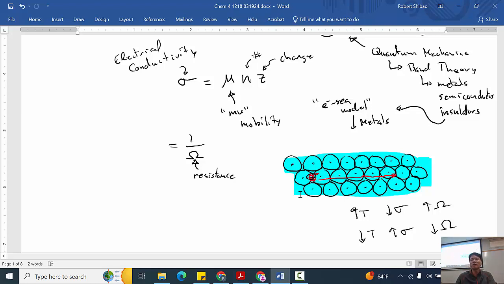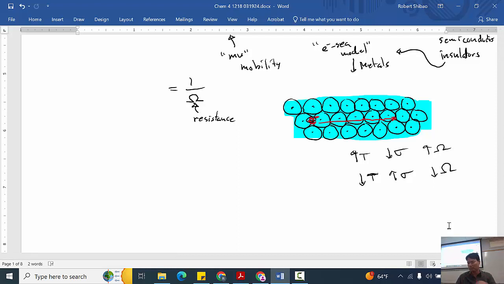At a certain temperature, when the vibrations get so little, we get superconductivity at low enough temperatures, at the limit.